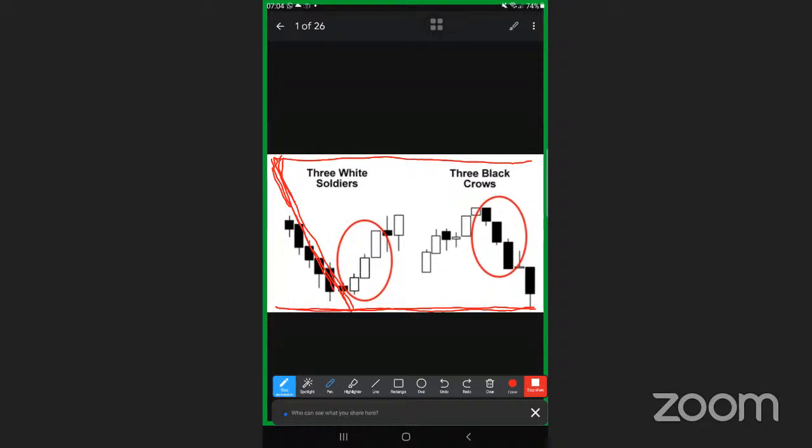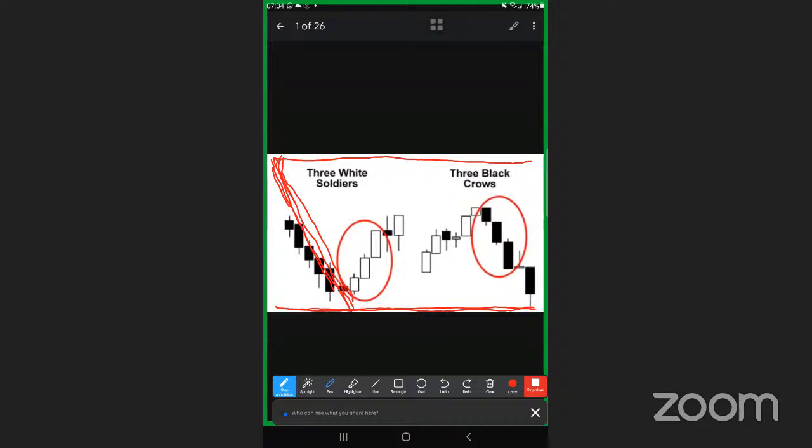The 3 white soldiers is a bullish candlestick chart pattern. It is used to predict the reversal of the current trend, which is a downtrend.